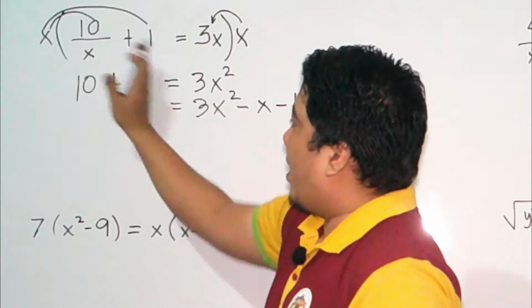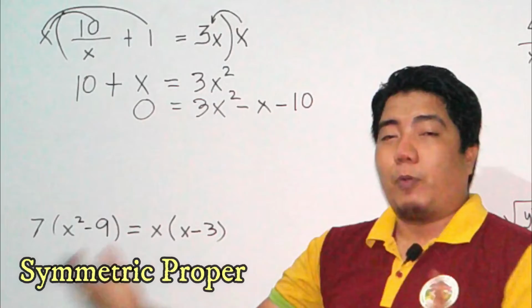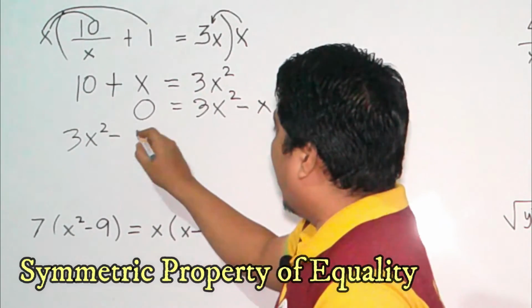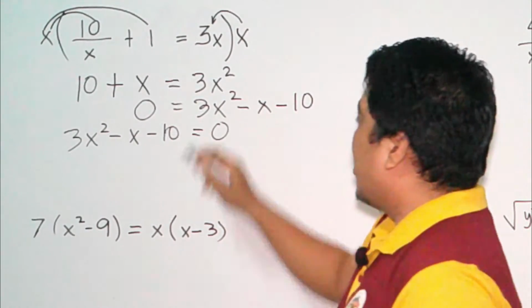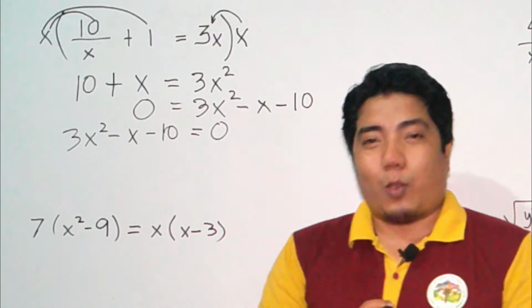So, nothing will be left here except 0. Now, by the use of the symmetry property, we can just write this one as 3x squared minus x minus 10 is equal to 0, which is the standard form of the quadratic equation.